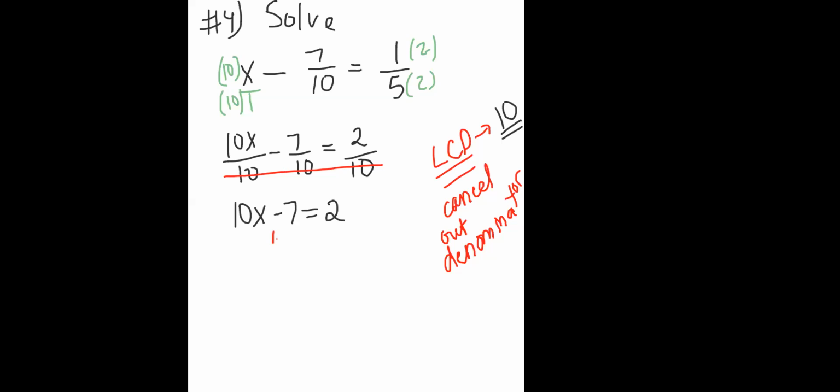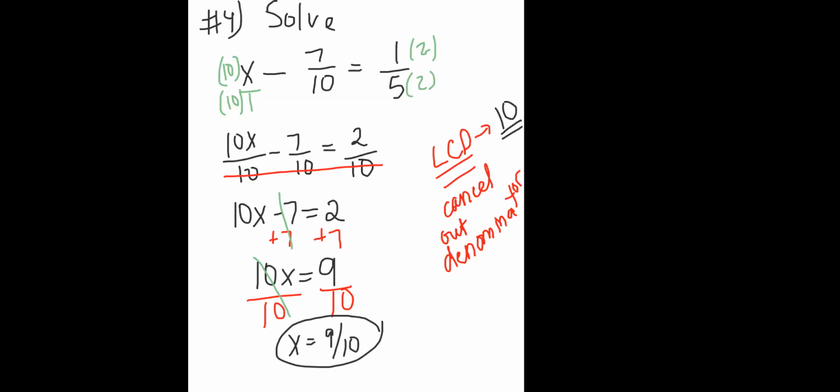We add 7 to both sides, which cancels out here. You get 10x equals 9, and then you divide both sides by 10. It cancels out on the left, and you get x equals 9 over 10.